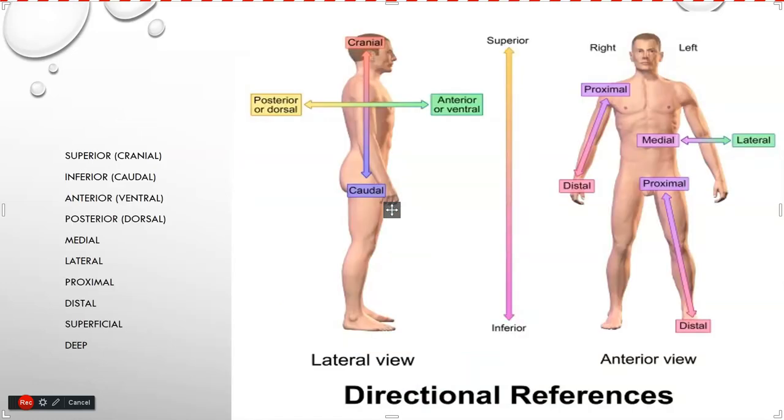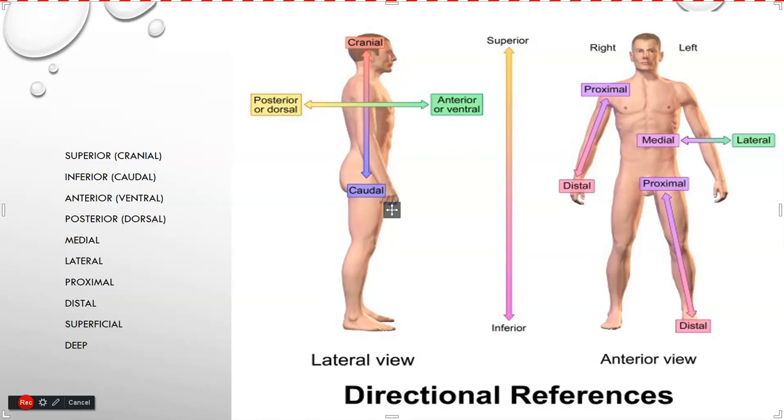The next thing we had to look at was, when we look at a human body in the anatomical position and we start to discuss structures within this dynamic body and the relationship between structures, we had to come to some form of terminology in those relationships. So the very first one is superior, inferior.